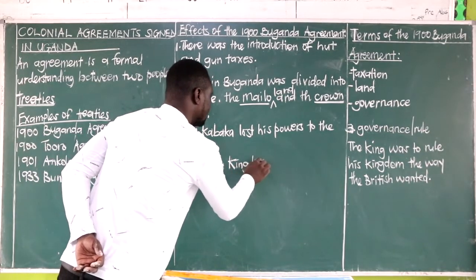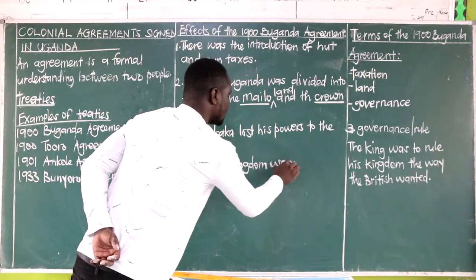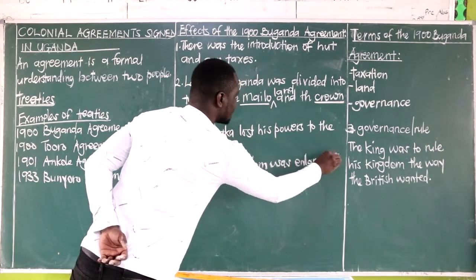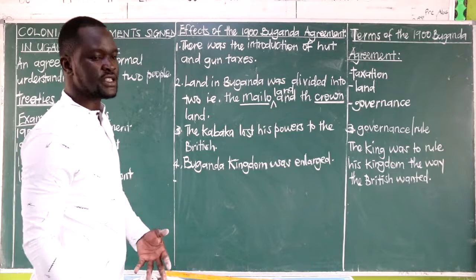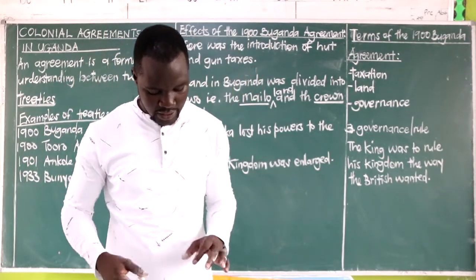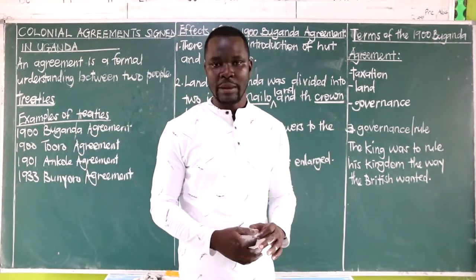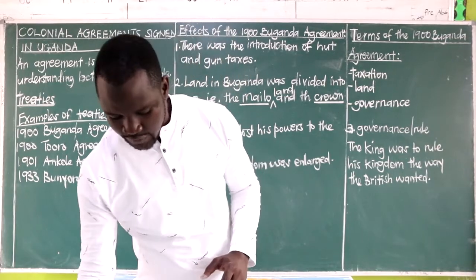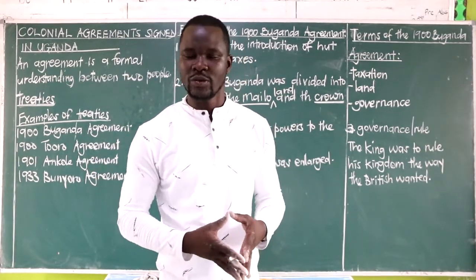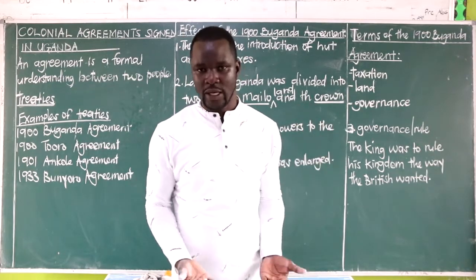Uganda Kingdom was enlarged. I have said correct the word countries, make it counties in your book. That is on page 26. I believe you have done that. So for that, we go to another agreement which was signed still in Uganda.